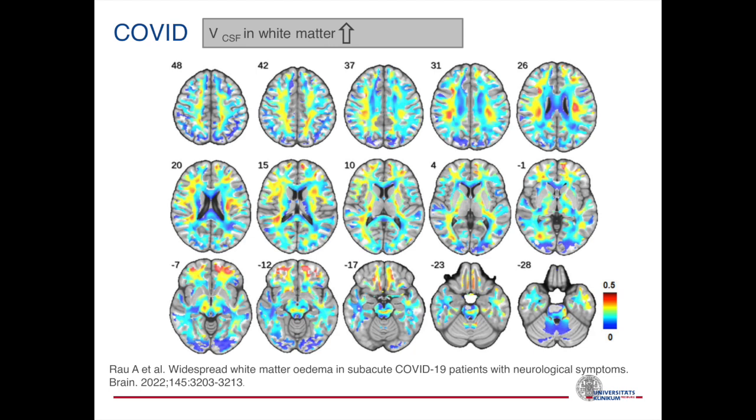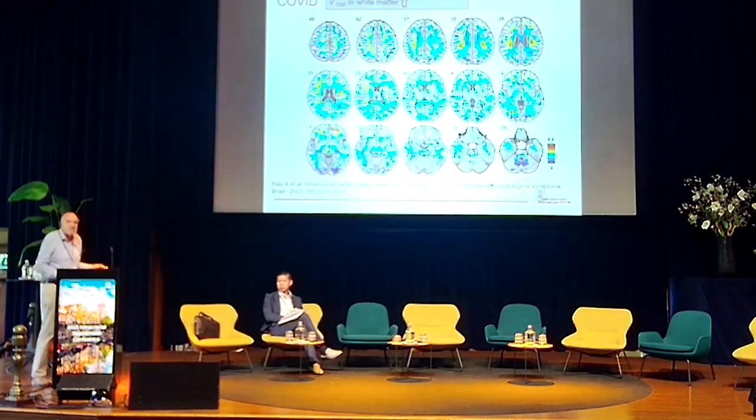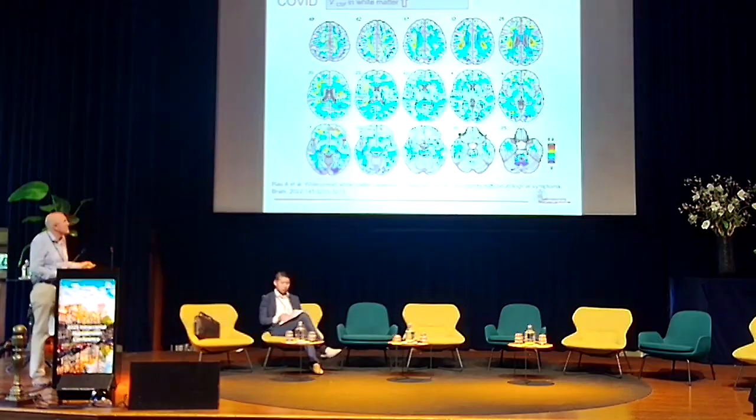And we have applied this method to several diseases. For example, here in COVID patients who have neurological symptoms after the acute phase, and we can show there is a water increase, an increase of the interstitial fluid in these patients.